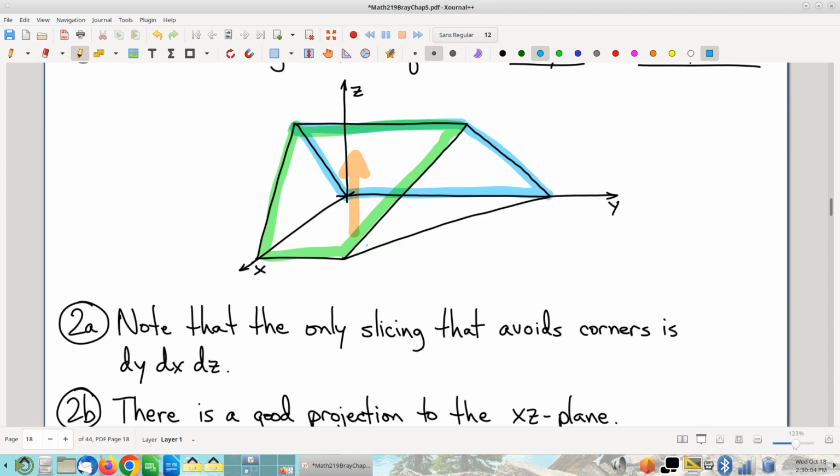The good projection, again, it's a healthy exercise to think geometrically about what my options are and which way it goes. I think the best one is like this, where we project in the XZ direction. For which purpose, if I look for how Y ranges, notice that my lower bound is always on that surface, no problem.